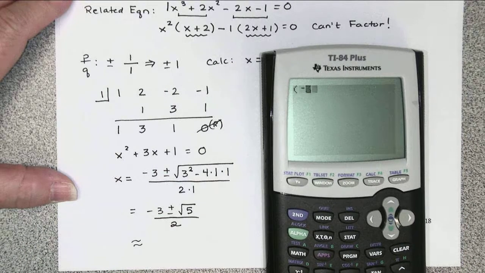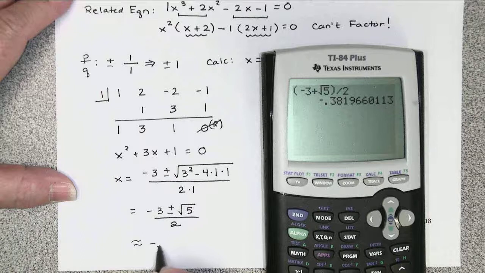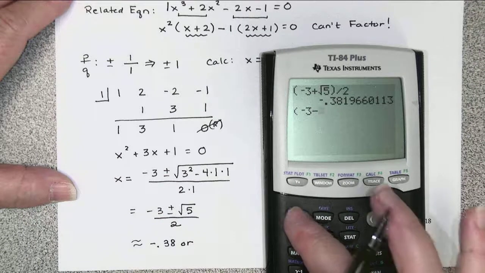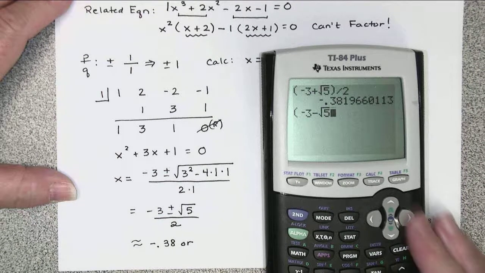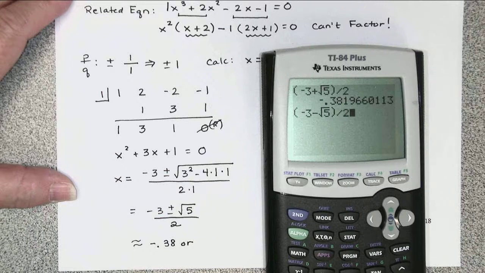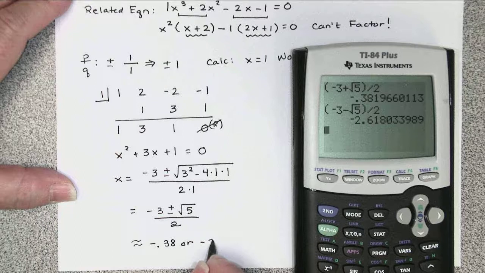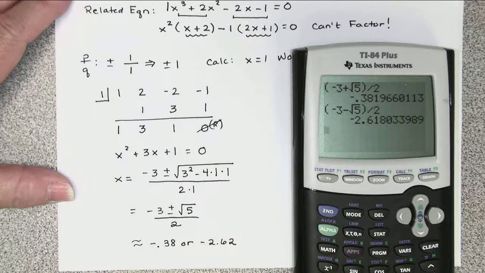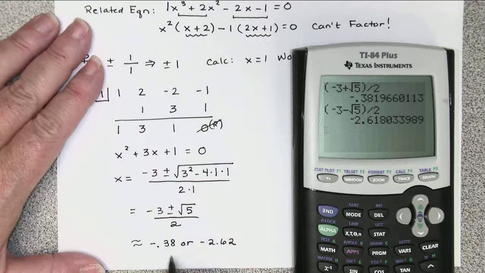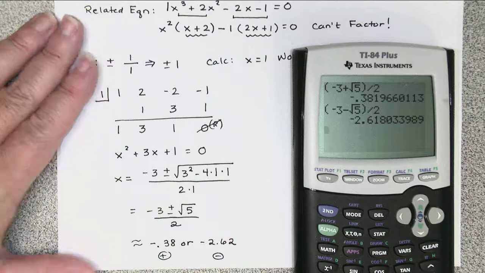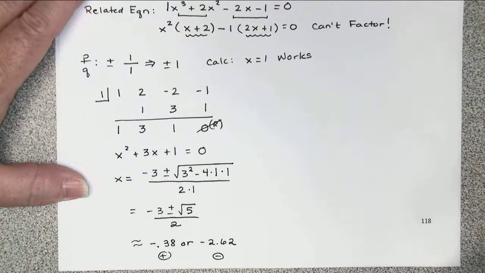I would have negative 3 plus the square root of 5 divided by 2, about negative 0.38, or negative 3 minus the square root of 5 divided by 2, negative 2.62. This is the one I got from the plus. This is the one I got from the minus.